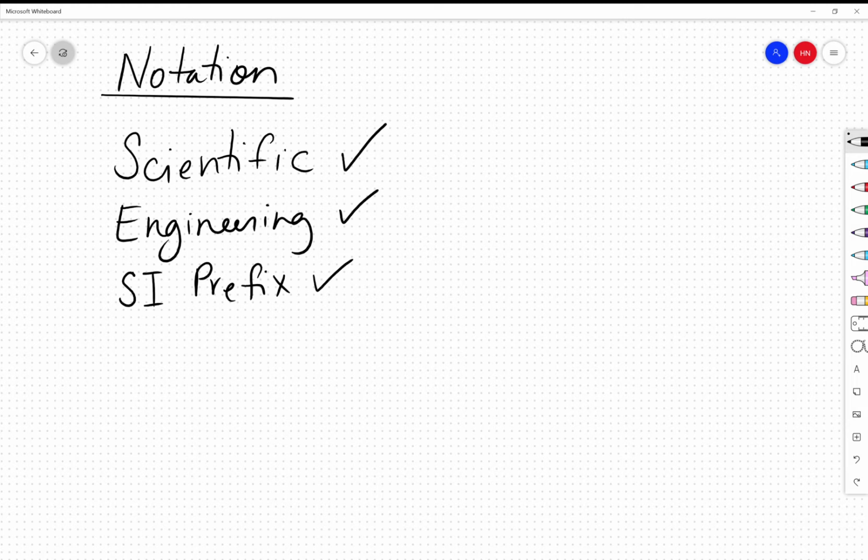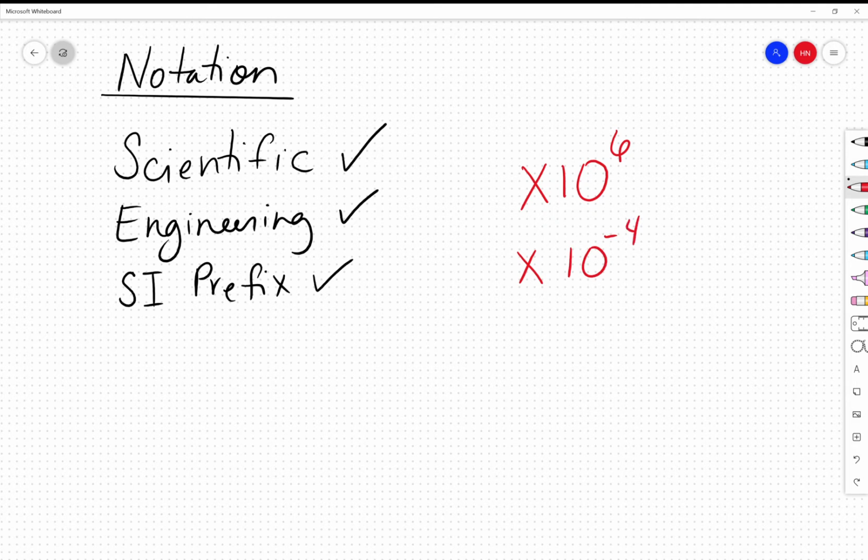Before we start with any scientific, engineering, or SI prefix notation, I would like to do a small review so that you understand what it's like when you write any number and you say times 10 to the exponent of, like, 6, or a number times 10 to the negative 4.